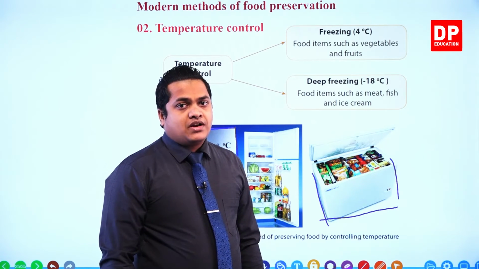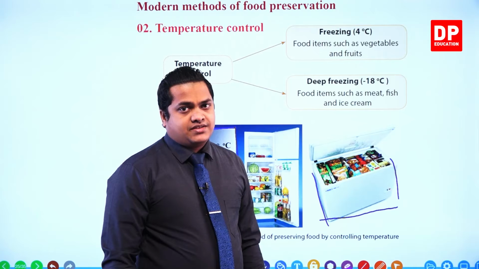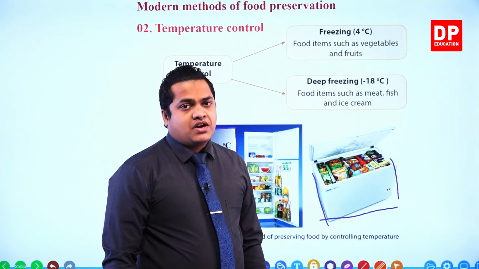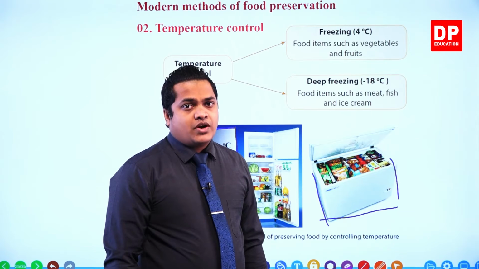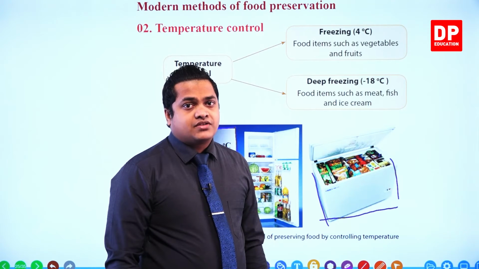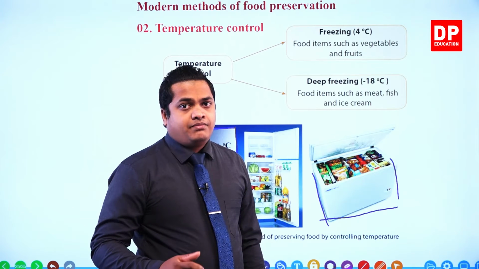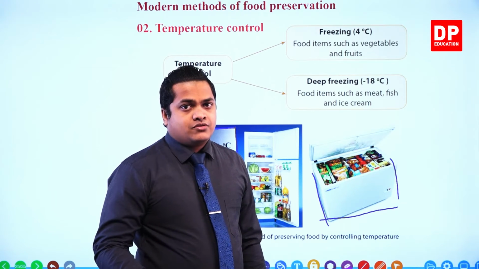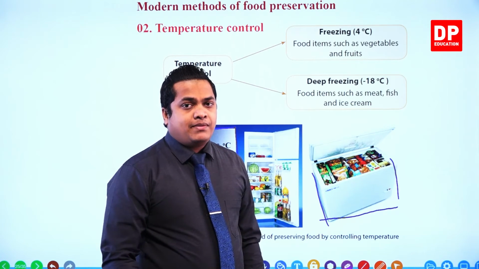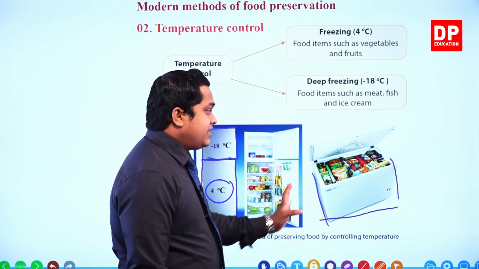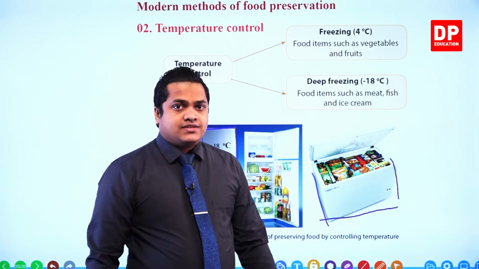That's why we especially see these in supermarkets. In a supermarket, my dear children, there are a large number of contents. Not just 1 or 2 packets, there are several hundreds of packets. So they should have plenty of space, and to provide that, the deep freezers are arranged like this.